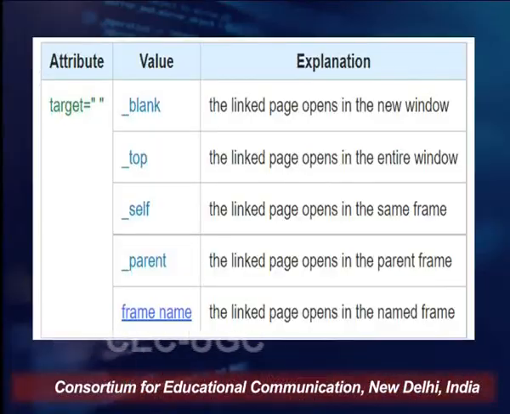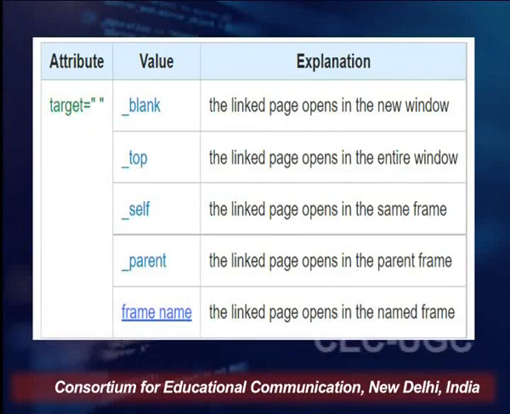Now coming to the target attribute once more. We have studied what this target attribute is. This is basically used to define whether a particular document, form, or image is going to be displayed or opened.